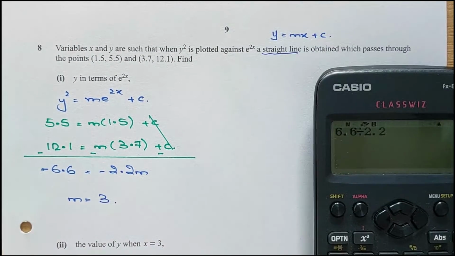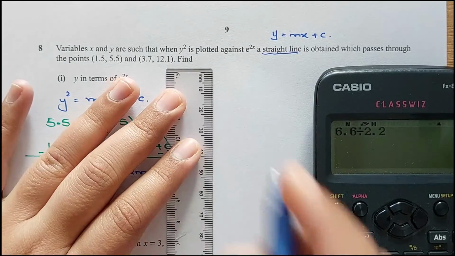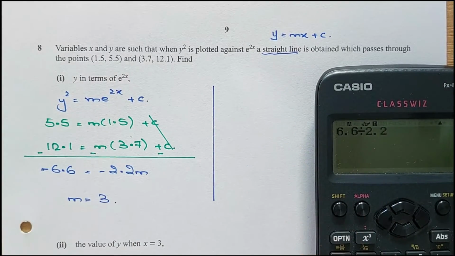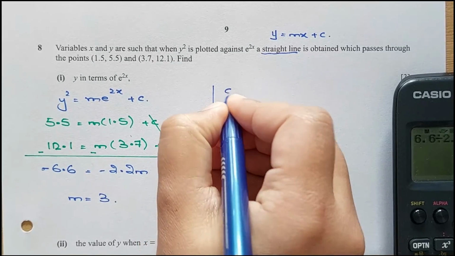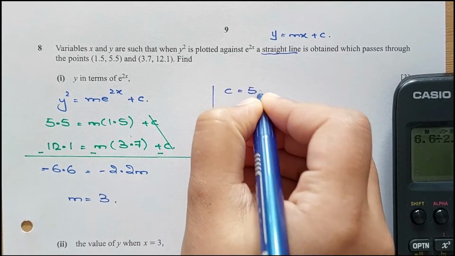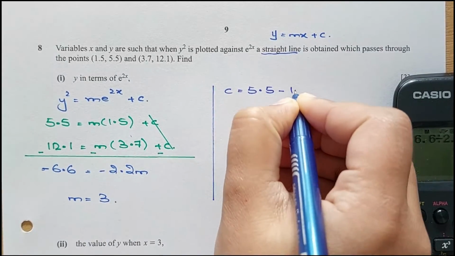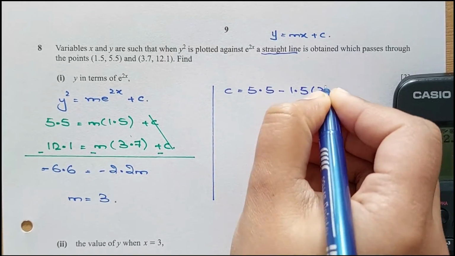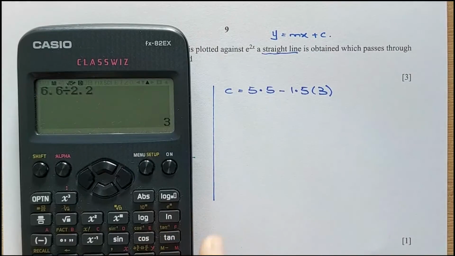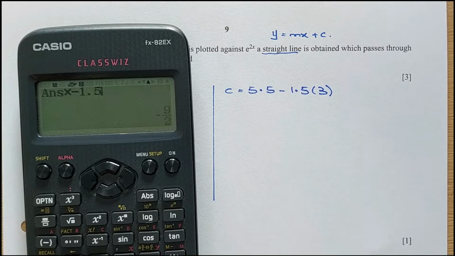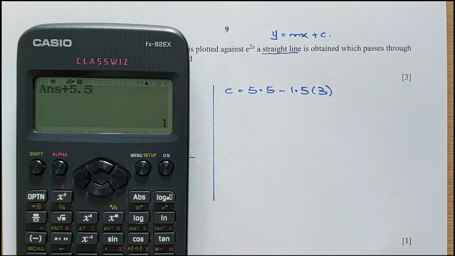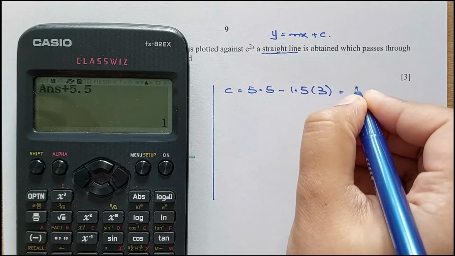Now substitute the m value into the first or second equation to get c. So c from the first equation is 5.5 minus 1.5 times m, I mean 3, sorry. So 3 times minus 1.5 and add 5.5. This is c. c is equal to 1.